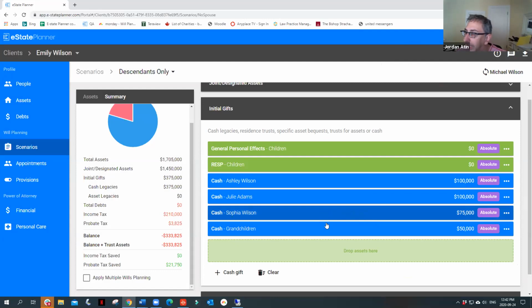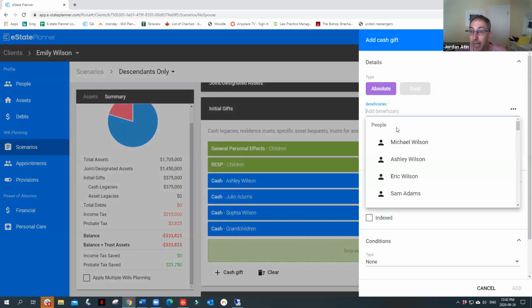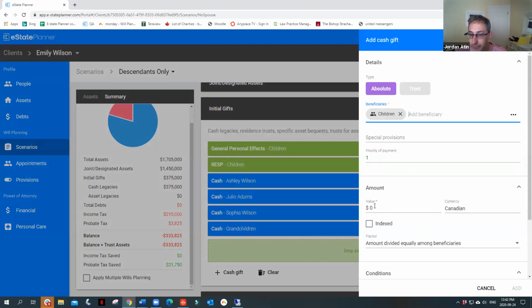So what you could do there is give the kids the first X dollars, and then everyone else would get, if there's enough money, to pay the kids in priority. So the way I would do that is I'd say, okay, I want a cash gift to the children of 50,000 or whatever number you say you want the kids to get as a minimum.